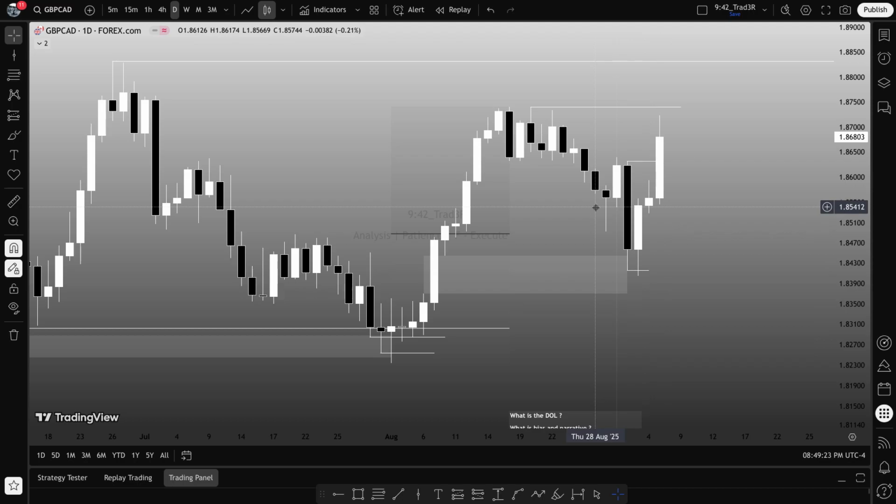And from the previous time frame, which was the weekly, we can see that the draw on liquidity was above previous week highs and old weekly highs.